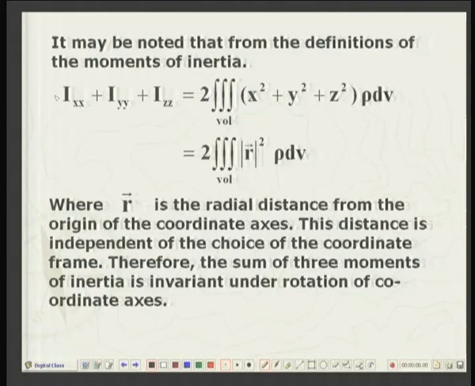So, it means that the sum of the three mass moments of inertia is an invariant quantity. It is the same in all the coordinate systems. This property is very useful in solid mechanics.